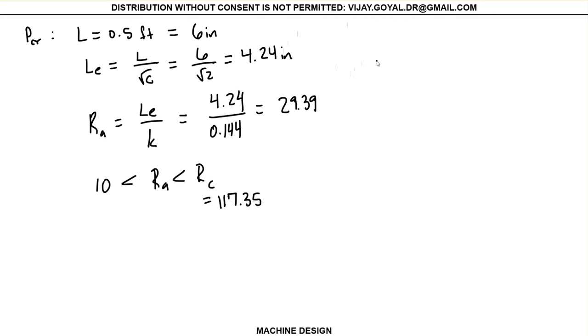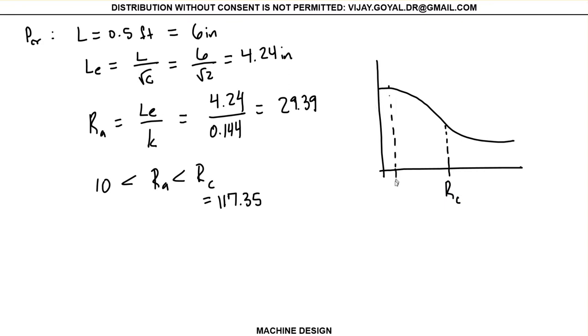So basically what we are saying is, in this particular column, somewhere here is your critical slenderness ratio, and somewhere here, this is 10. So you can see that the equation we should use, this is the intermediate column, so therefore the proper equation is the J.B. Johnson equation.